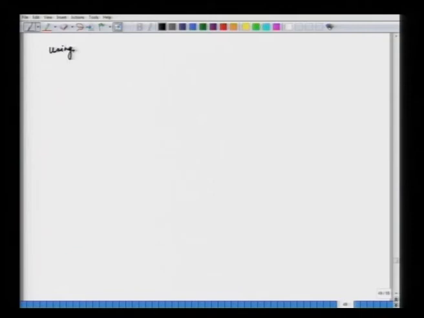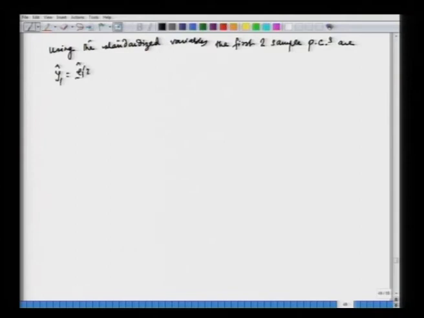Because we have used the correlation coefficient matrix, we will mention that using the standardized variables, the first two sample principal components are: the first one, y1 hat, is E1 hat transpose Z, directly from the first eigenvector, that is 0.464 Z1 plus 0.457 Z2 plus 0.470 Z3 plus 0.412 Z4 plus 0.421 Z5.